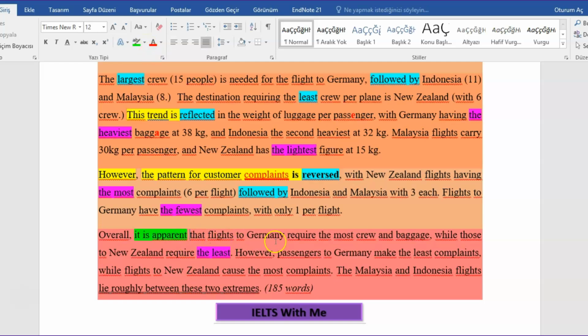That flights to Germany require the most crew and baggage, while those to New Zealand require the least.